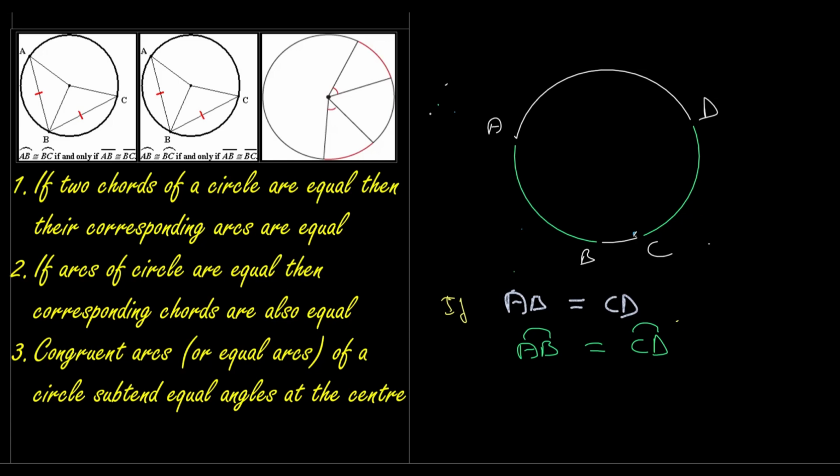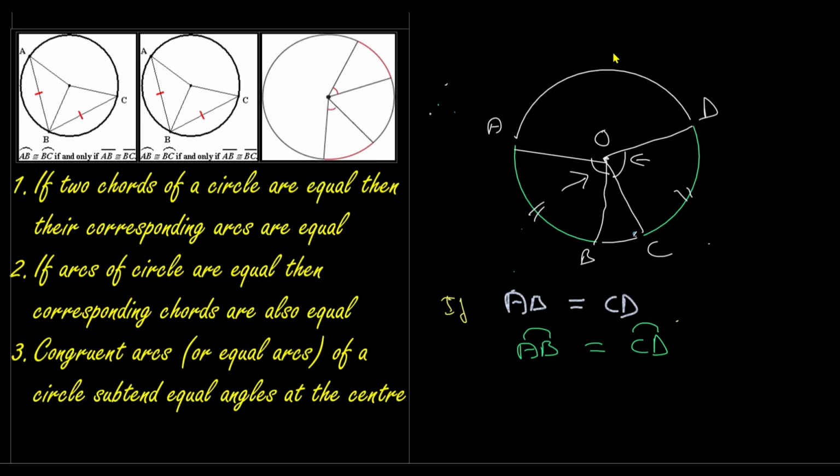AB is the green one, and let this be the center of the circle. Joining these, the angle made here should be equal to angle COD. So if you know that these two arcs are equal, then the angles subtended by these two arcs will also be equal.